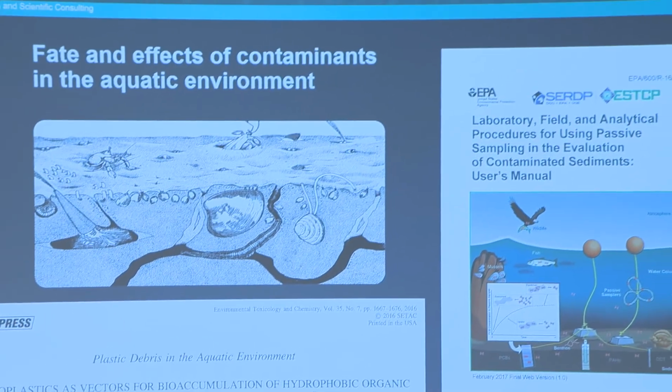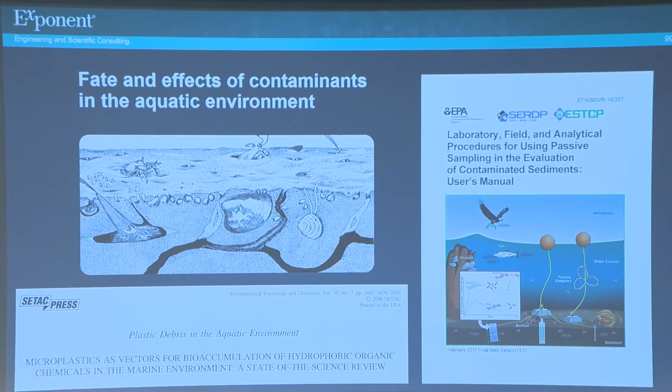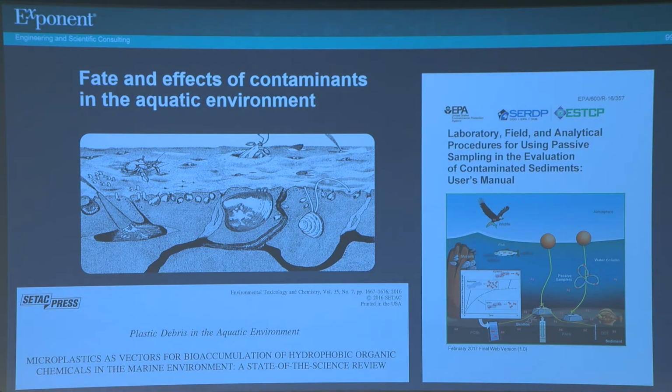Most of my work, as Boya said, is involved in looking at the fate and effects of contaminants in the aquatic environment. I've mostly worked in contaminated sediment areas with Superfund sites, et cetera. But I also have done some recent work, and here are two examples.